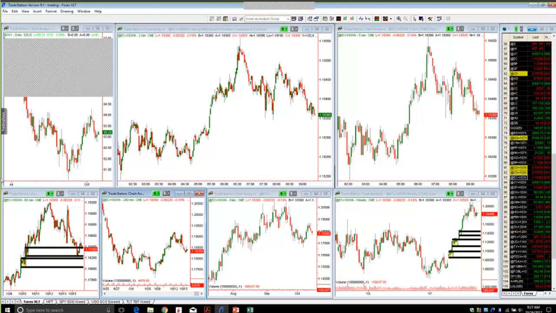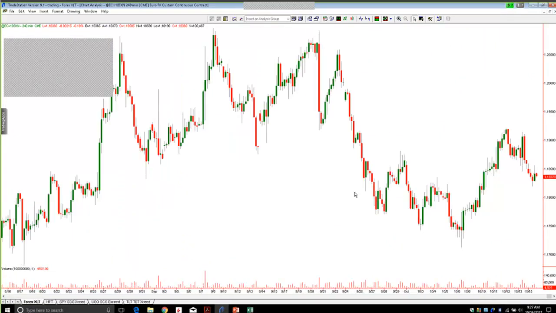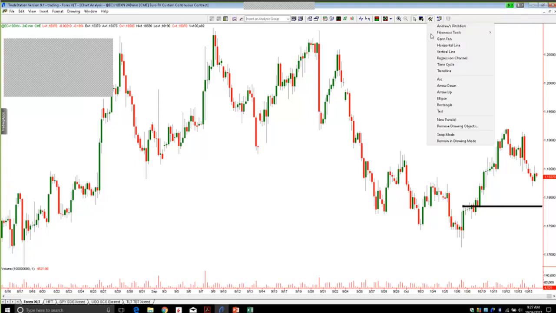Okay, so let's go. Yeah, let's go down here. We're going to end up on the 60-minute chart fairly quickly. So we're bouncing off this level right now, which again you'll see on the 60-minute. But then we have this level sitting just below. And let's take just the bottom part of this.